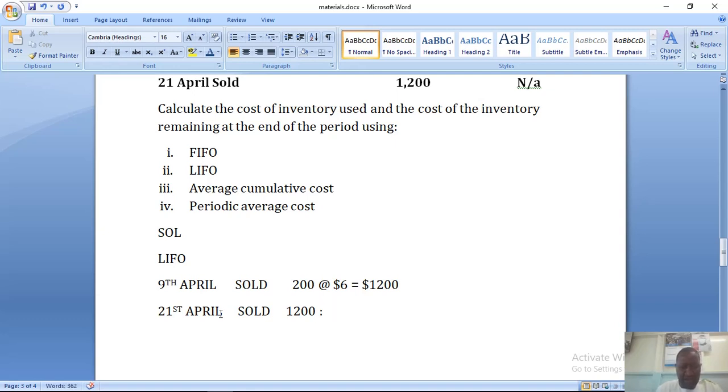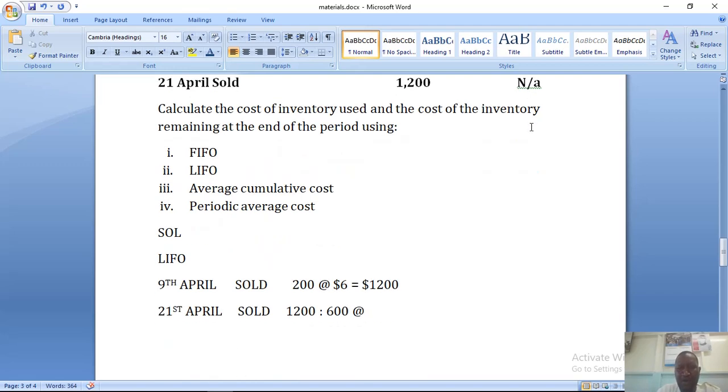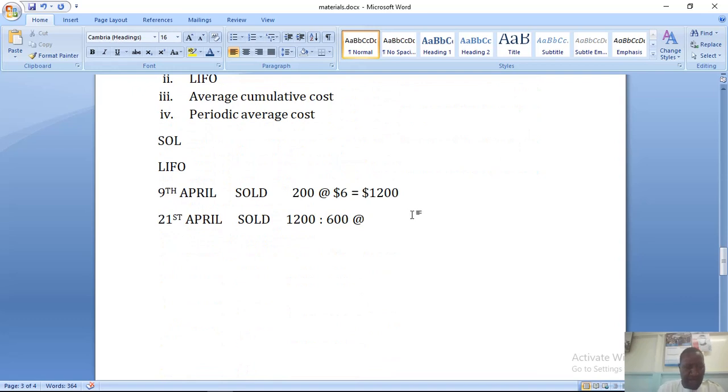First, the 600 units, which is the latest consignment, will be issued at that price. So 600 units will be issued at $5.5. How much will be the cost? Issued at 5.5, the cost should be $3,300.